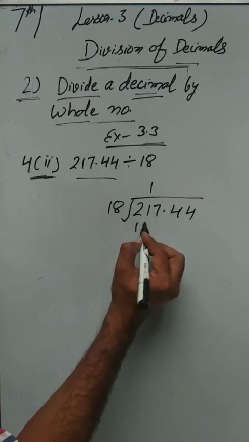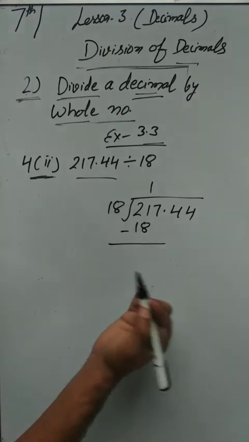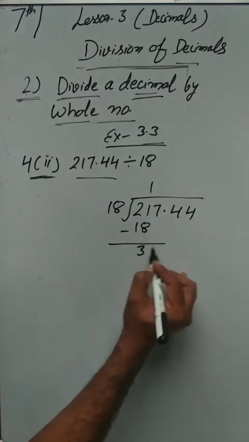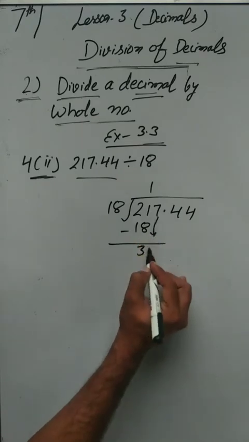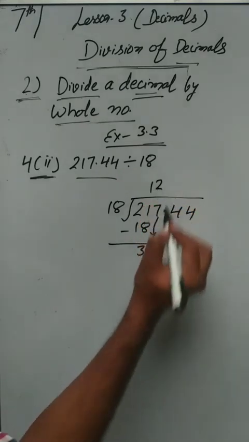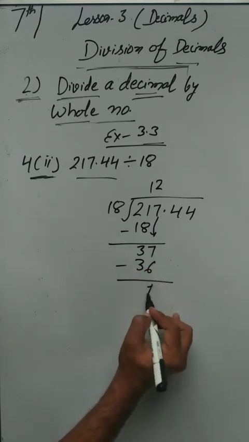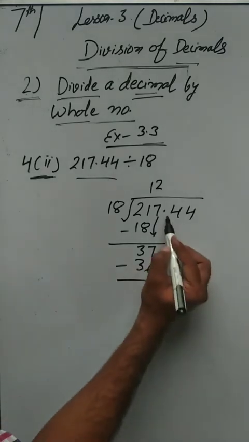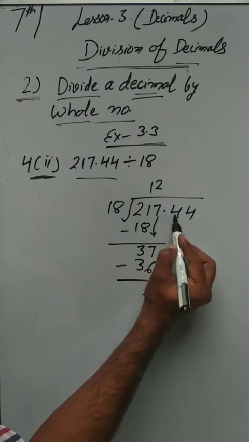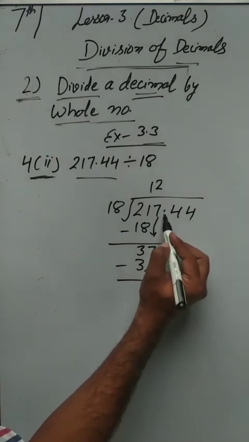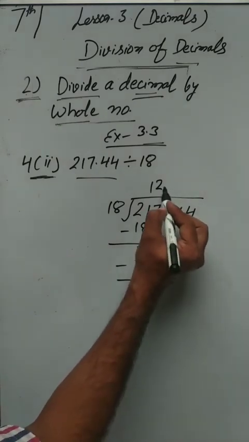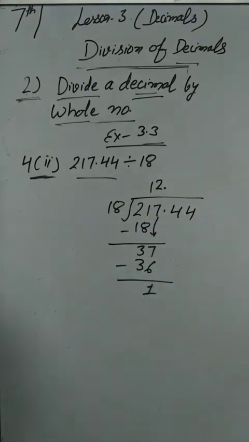18 1s are 18. Now subtraction, 3, next digit is 7. 18 2s are 36. 7 minus 6, 1. Now look here beta, before the next digit there is a decimal. So in the quotient you will place a decimal here.